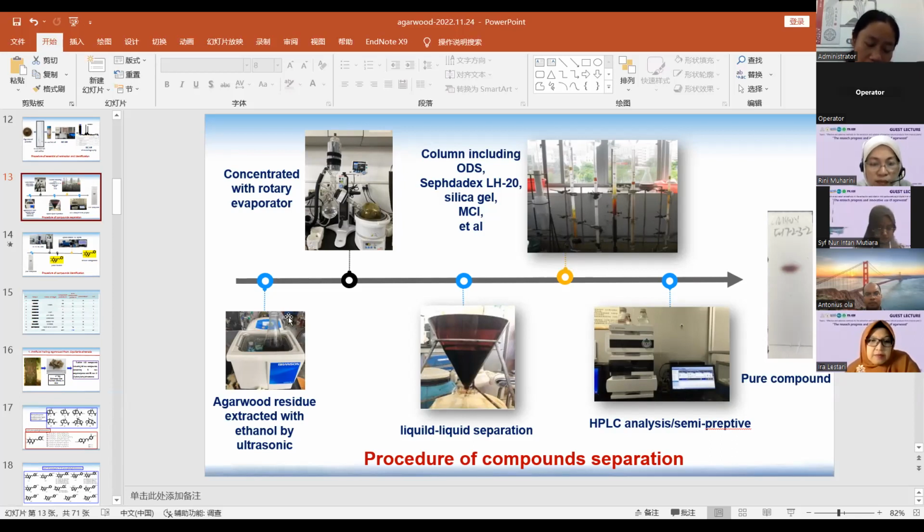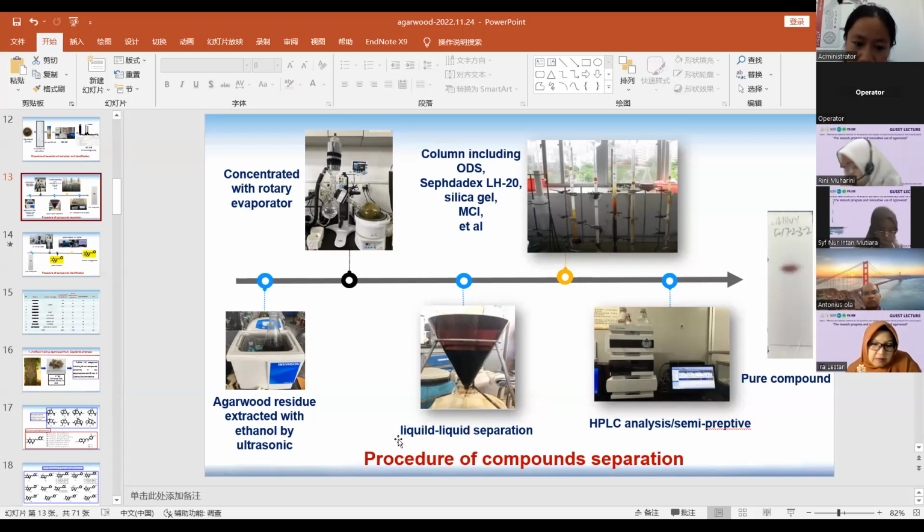Ethanol's polarity is not so low, it's a little high, so it can usually extract most of the compounds from agarwood. Then we use a rotary evaporator, and from here we get a sample, and then this sample is dissolved in water.